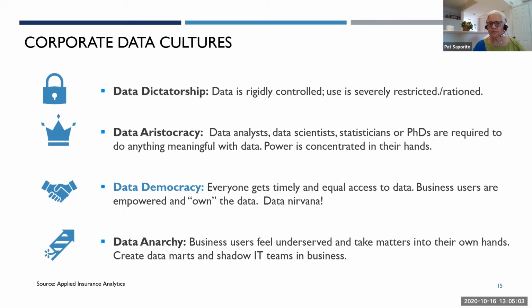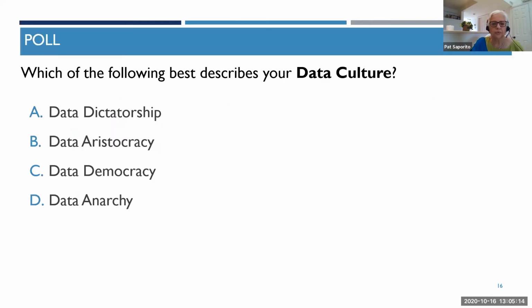They don't trust their central IT organization. They're taking charge. So let's do another poll here. Given what we just discussed, which of the following best describes your data culture?